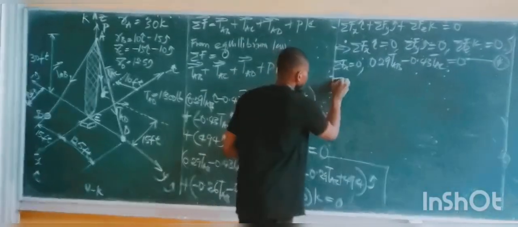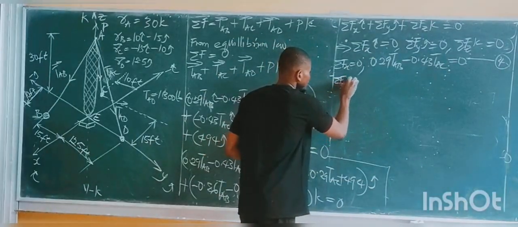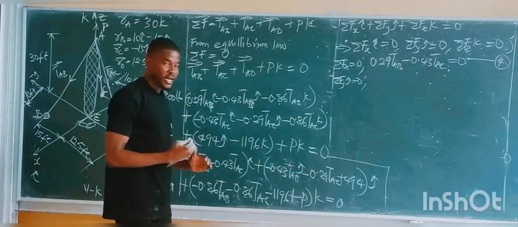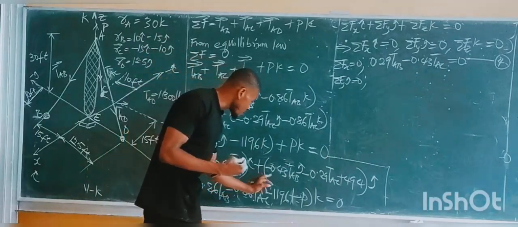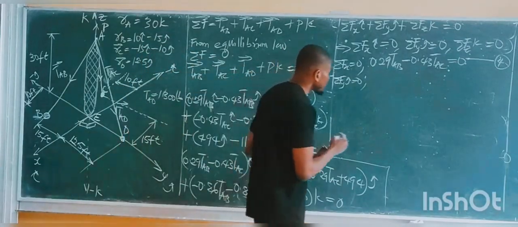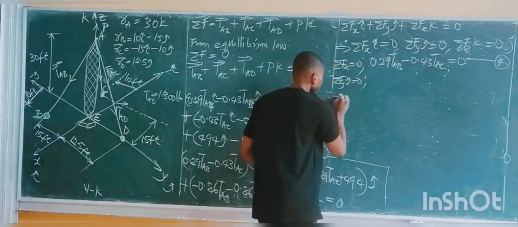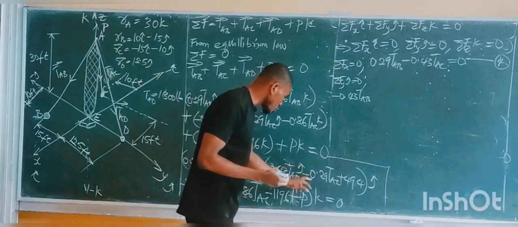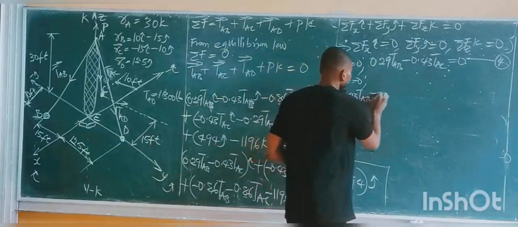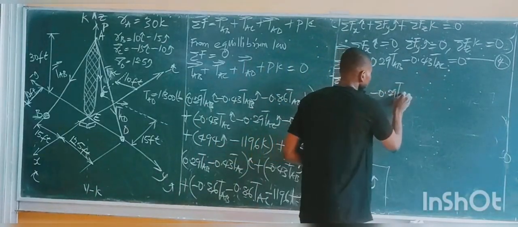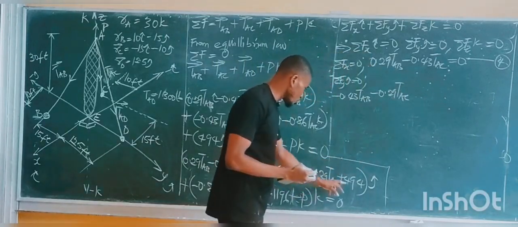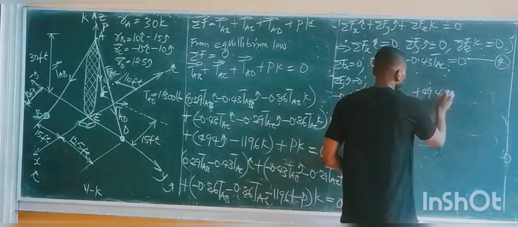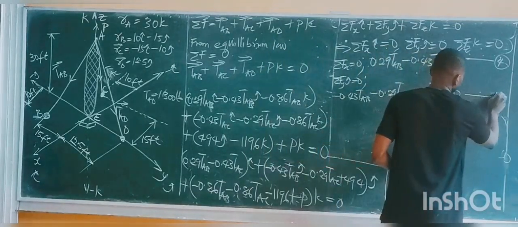Next, summation of force in the y-axis, or j, equals 0. So we sum all the force in the j direction: minus 0.43 TAB, minus 0.29 TAC, plus 494 equals 0. Call this equation 5.